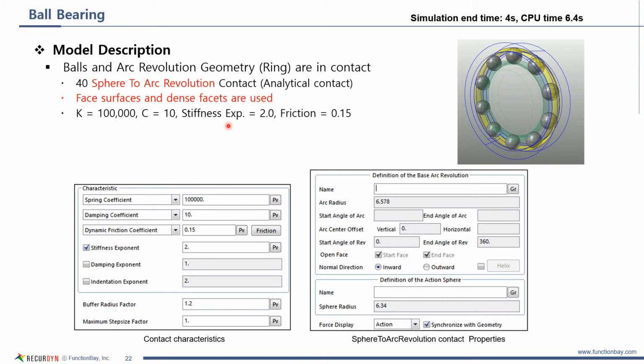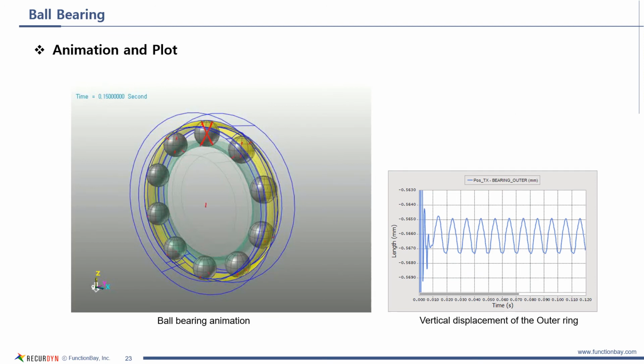Since the contact occurs from the initial state, maximum step size factor is set to 1. This is the simulation result, and this curve shows the vertical displacement of the outer ring.